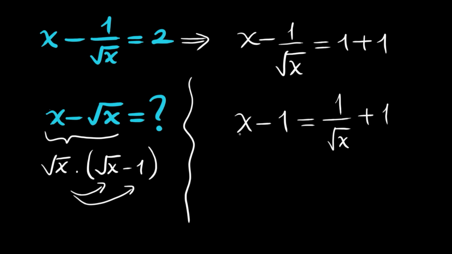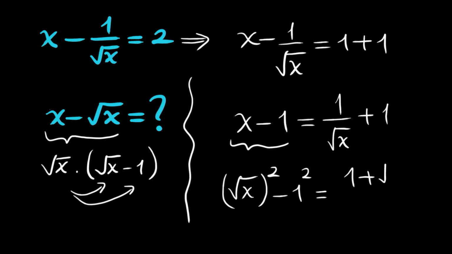Now this x - 1 can be factored. This is (√x)² - 1², and here we have (1 + √x) all divided by √x.